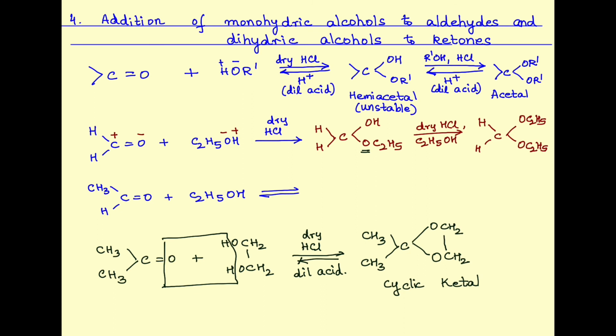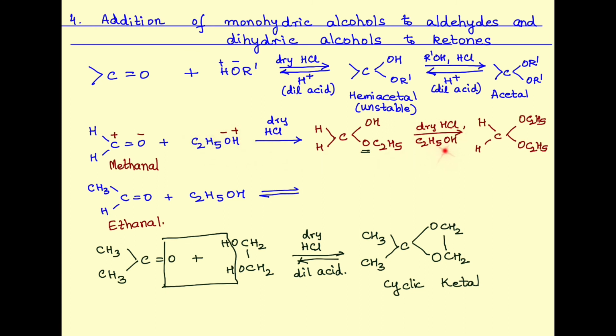Now let's observe something interesting over here. Look at the number of alcohol molecules being used up in the first two, where you've got aldehydes. So I took the example of methanol here and ethanol. How many alcohol molecules did we use? So we used one molecule over here and one molecule over here.